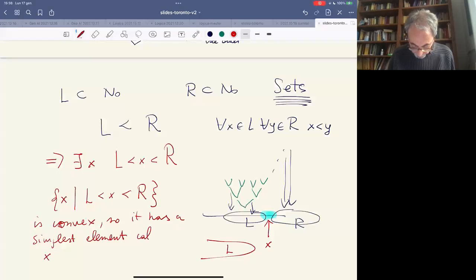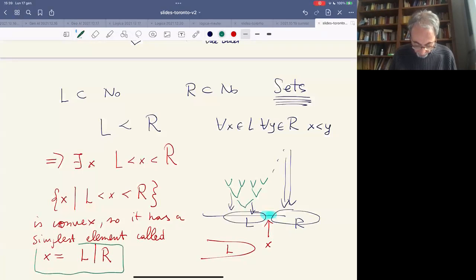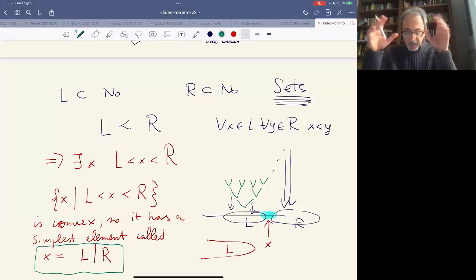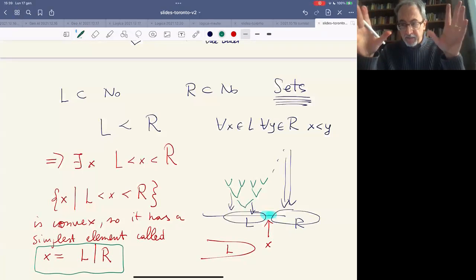It has a simplest element called L bar vertical bar R. With this notation, we indicate the simplest element between L and R. Imagine L and R as a partial Dedekind cut.